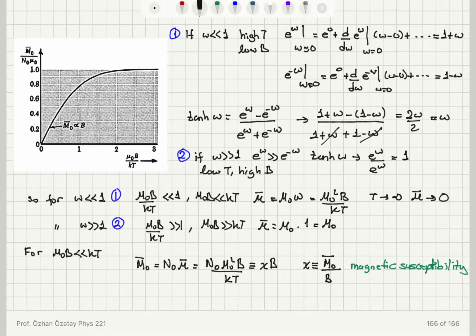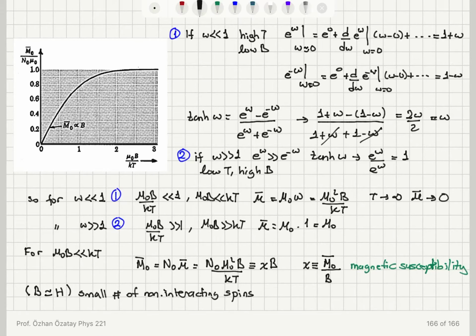Okay, so since I have no interaction between atoms in this limit, the magnetic field that I see from outside is the B field. This is a technical detail, but B is the magnetic field inside the material, H is the applied field, but these two are the same in this limit because I have a small number of non-interacting spins.